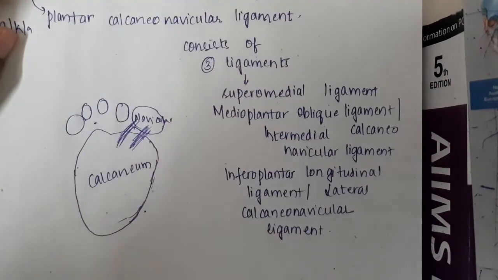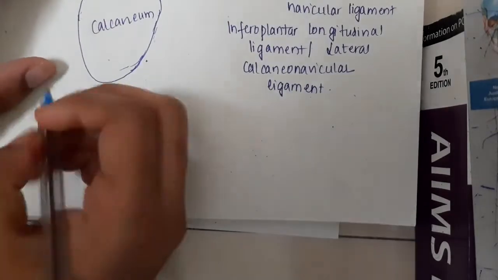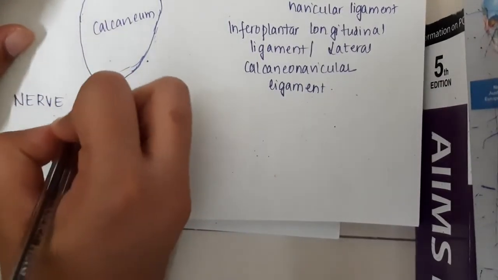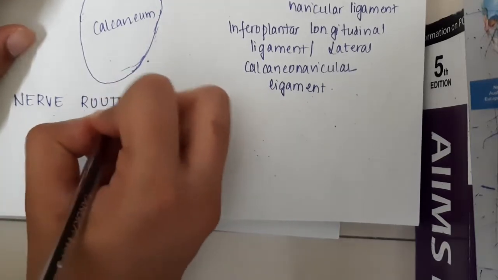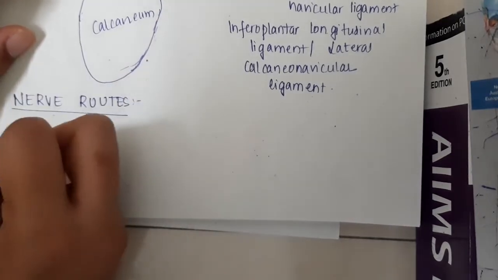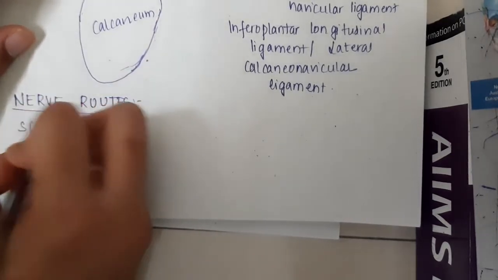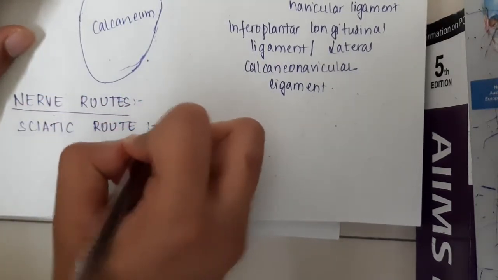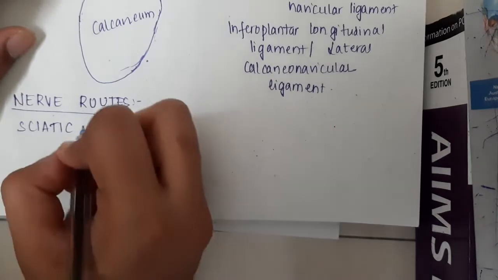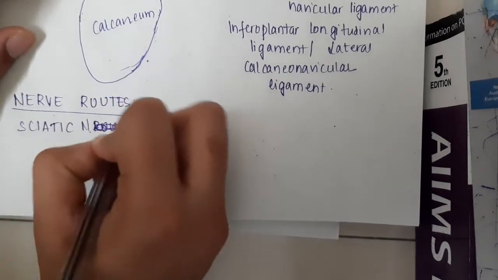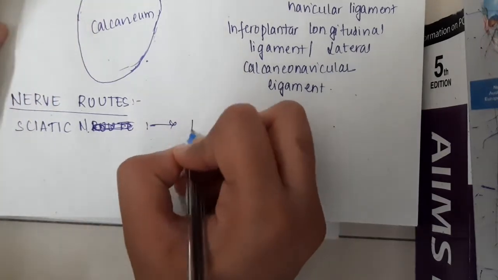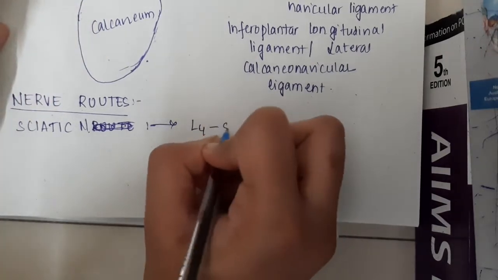The next important question is about the importance of nerve roots. The sciatic nerve root has been asked many times. The sciatic nerve originates from nerve roots L4 to S3.